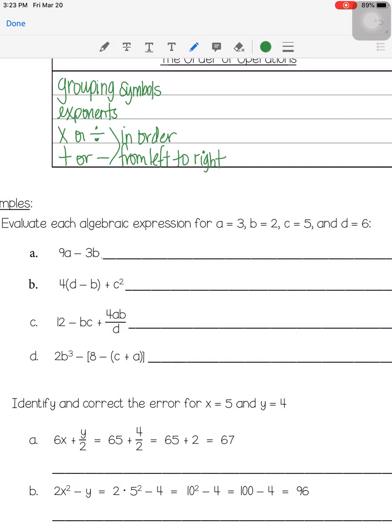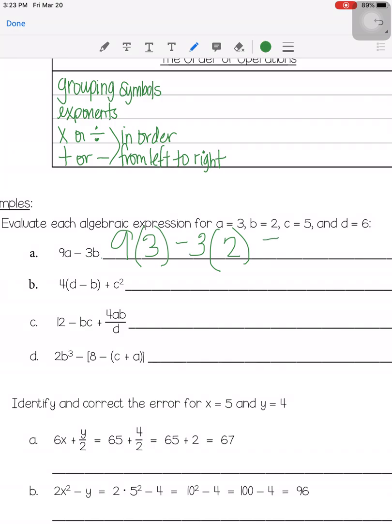So we see we have 9 times A, and A in this situation is 3, minus 3 times B, and in this situation, B represents 2. So then we follow the order of operations.